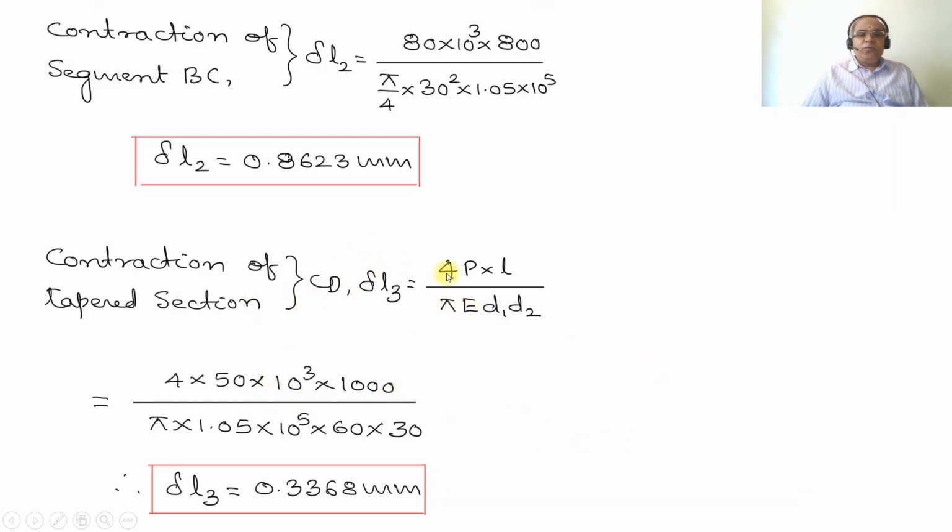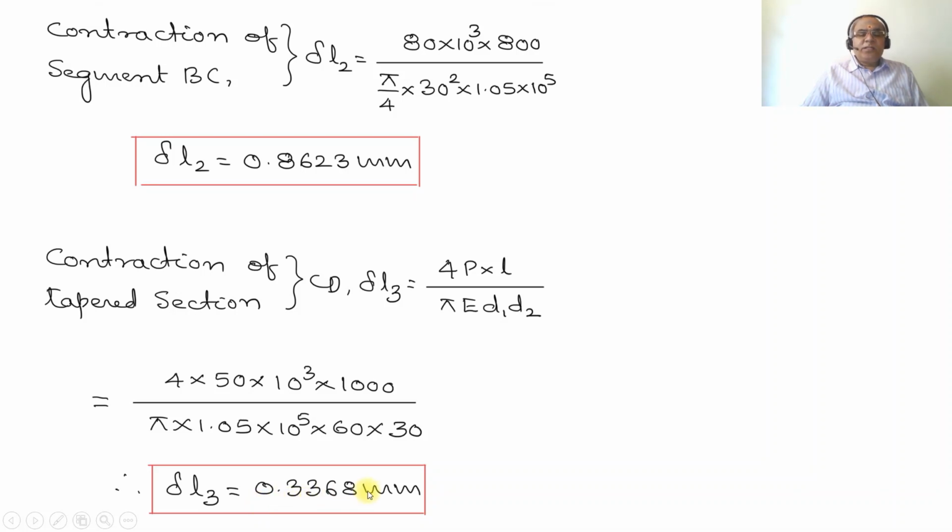That is 4 into 50 into 10 to the power of 3, into the length of the bar 1000, divided by pi into 1.05 into 10 to the power of 5, into D1, the diameter of the bigger end, and D2, the diameter of the smaller end, which is 60 into 30. On simplification, delta L3 will be equal to 0.3368.